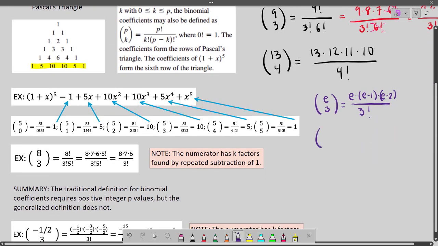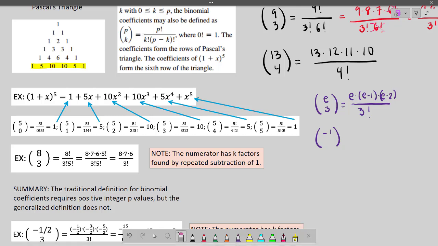So we could say, hey, let's do -1 choose 2. Let's make that a bigger number than 2. Let's do -1 choose 4. This would be: start with -1, do repeated subtraction until you have 4 factors, and then in the denominator you would have a 4 factorial. So we generalize the binomial coefficient definition so we can do some weird things. Why, we'll talk about in a minute.